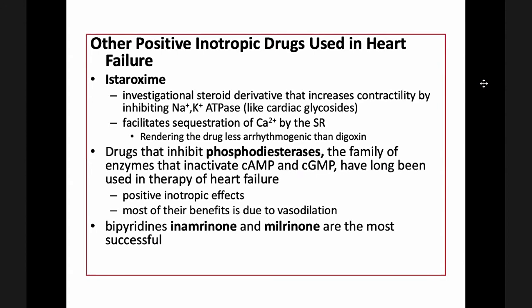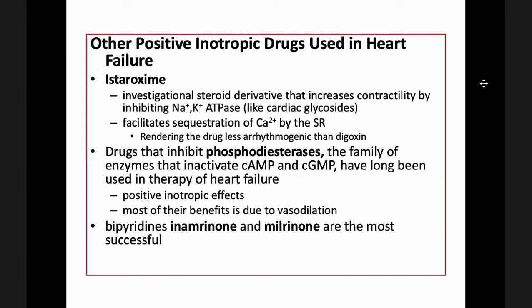Other positive inotropic drugs used in heart failure include istaroxime. Istaroxime is an investigational steroid derivative that increases contractility by inhibiting your sodium-potassium ATPase, just like your cardiac glycosides. It facilitates the sequestration of calcium by the sarcoplasmic reticulum, rendering the drug less arrhythmogenic than digoxin.